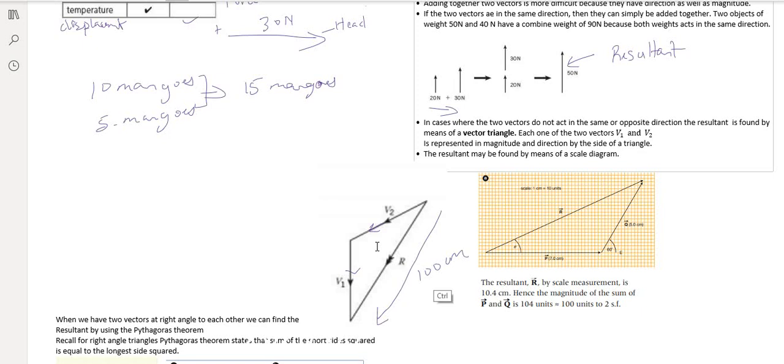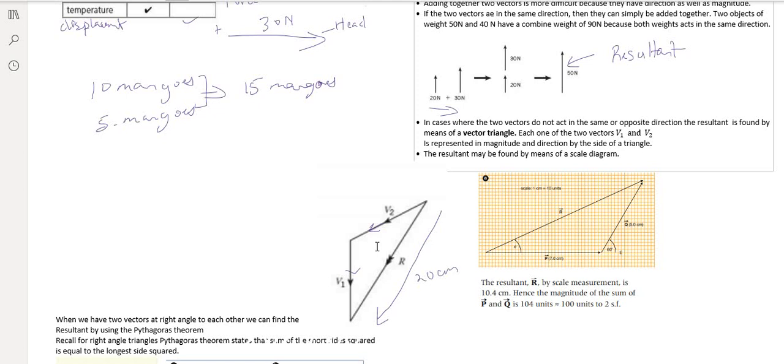So let's just not use that. Let's say it is 20 centimeters.